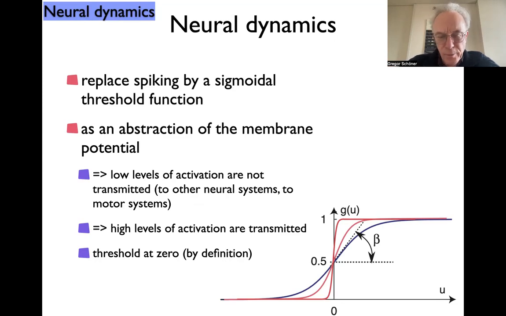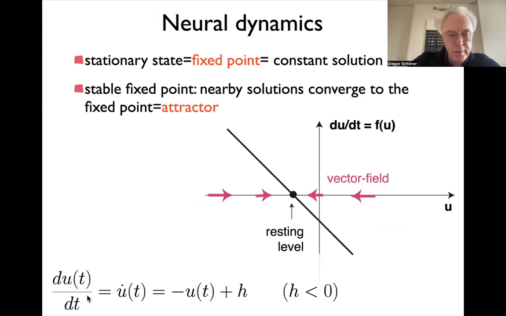And the distance from 0 says how much input it would need to reach that threshold, right? That's the population level description. We didn't derive that. We just phenomenologically modeled that; we wrote down a dynamics that now applies to this abstract activation concept.